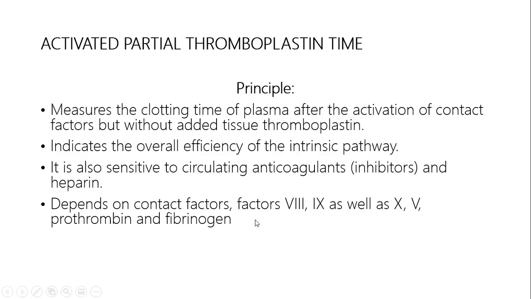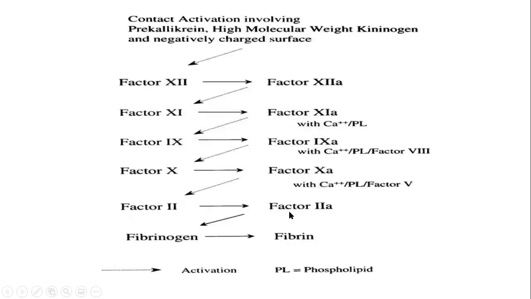Please do take note of all those factors that are being monitored by your APTT as well as your PT. When we say contact factors, they are basically the substances or factors in the coagulation pathway that activate your factor 12. Examples of your contact factors are prekallikrein and high molecular weight kininogen.